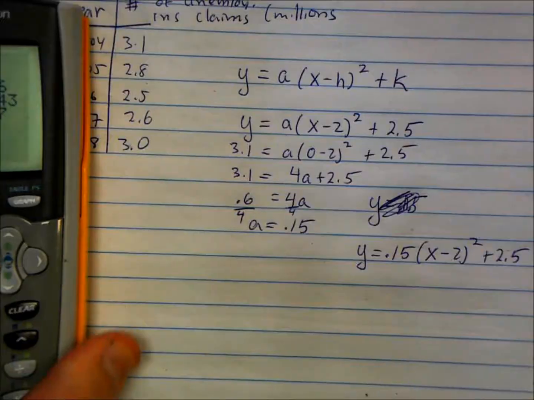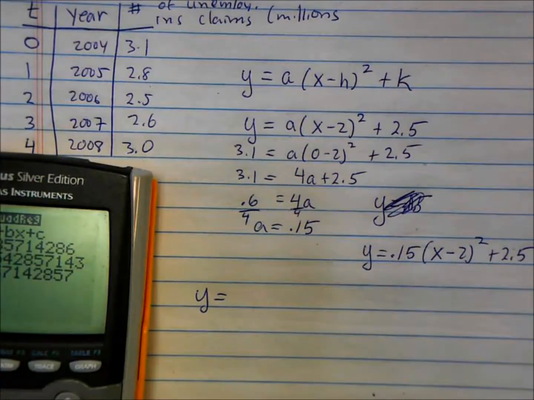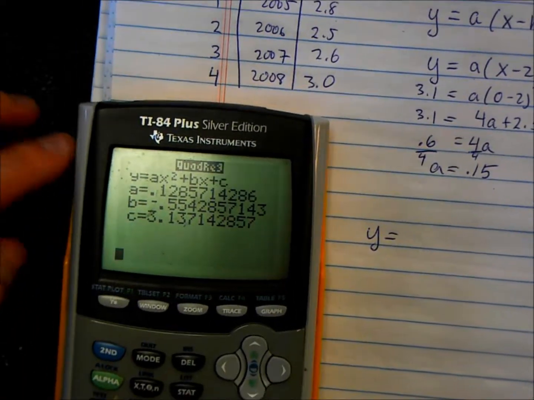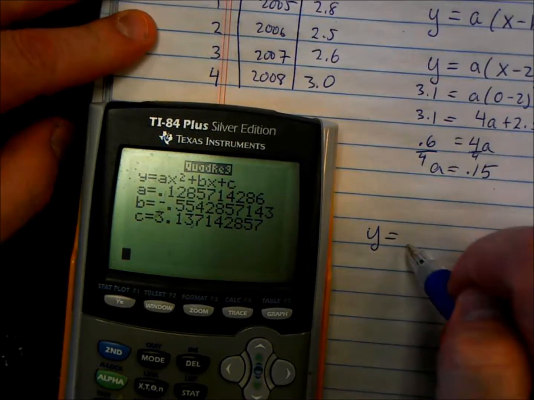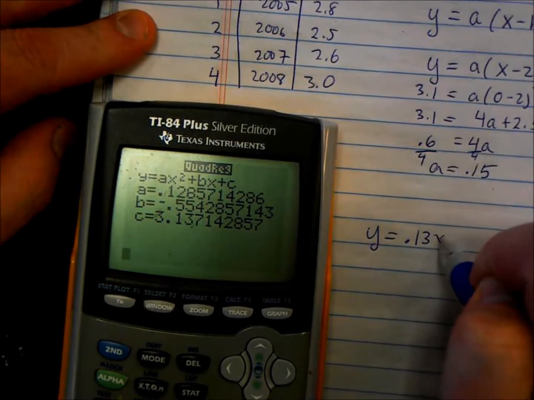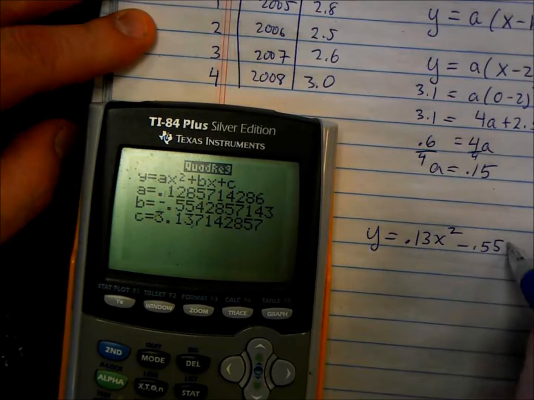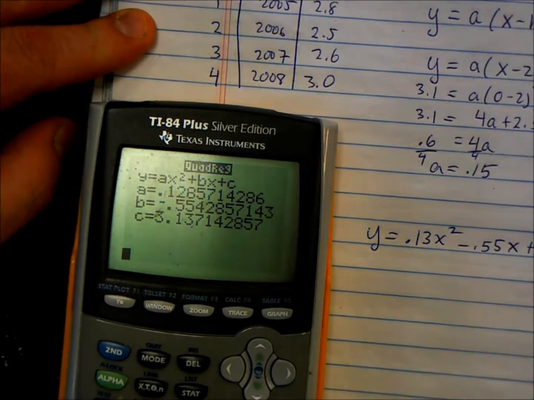So I would write down y equals, let's say we round to, how many decimal points do you want to round to? 2.13x squared minus 0.55x plus 3.14.